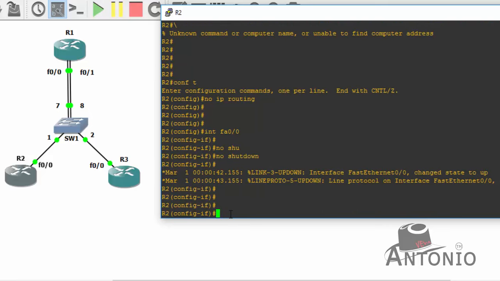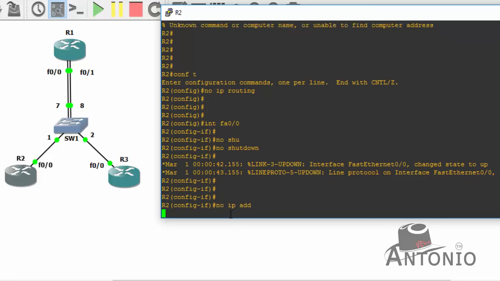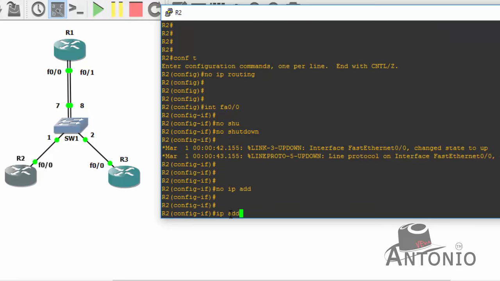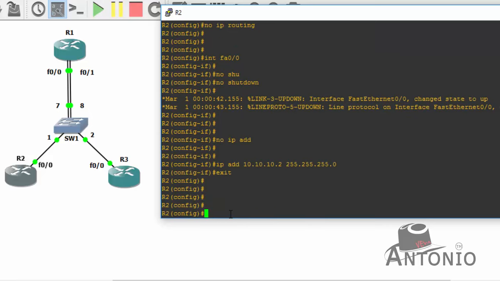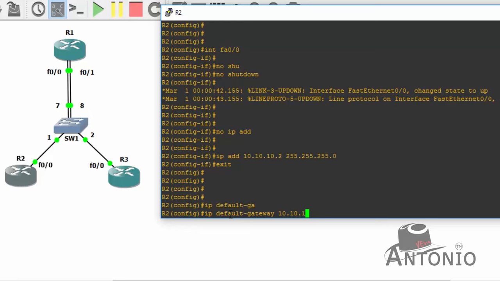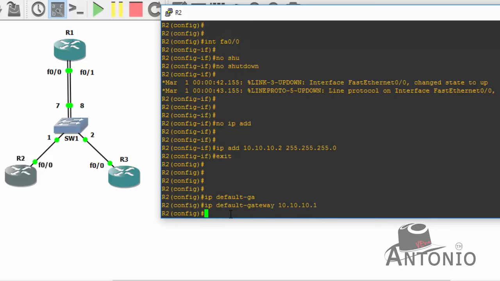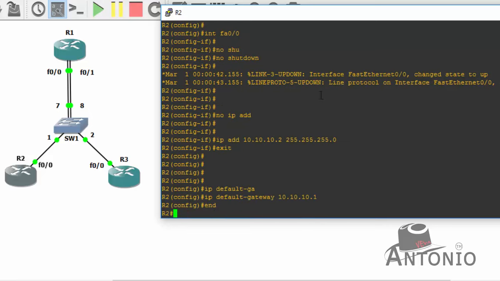Alright. So, IP address of 10.10.10.2 with subnet mask of 255.255.255.0. Alright. And, of course, don't forget the IP default gateway. That is 10.10.10.1. Alright, let's end that.